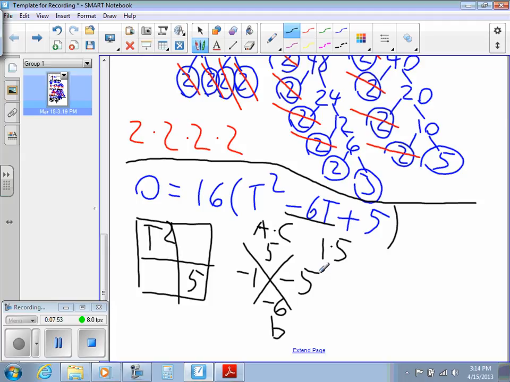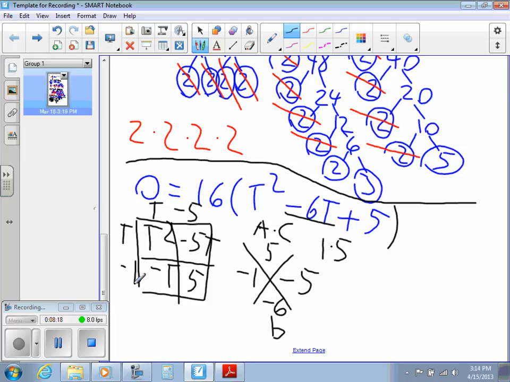So I have negative t and negative 5t. What's in common? I've got t here and t here, negative 5 and negative 1. I check all 4 of them, and all 4 of them check.